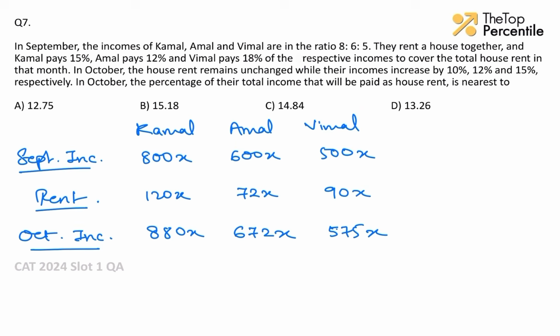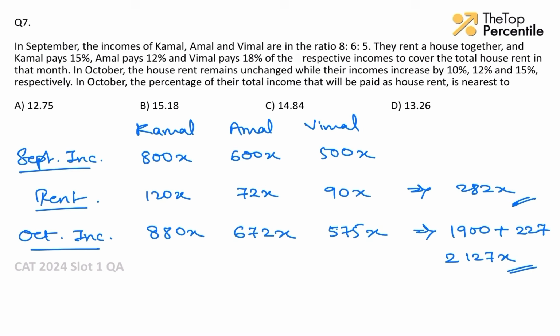Let me first add the rent. The total rent will be 120 plus 72 plus 90, which gives 282x, and let me also add the October income. 800, 600, 500 will give me 1900, plus 80, 72 and 75, which gives 227, so this will be 2127x.